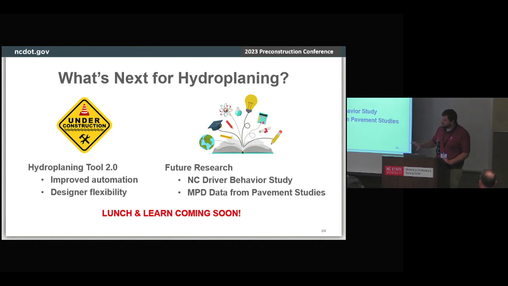So just to summarize, I want to reach out to all of our partners and all of NCDOT. If you have an idea to improve a method or a tool, please let us know. A lot of these tools that were created here were with the help from our partners like Kimley Horn and Atkins.